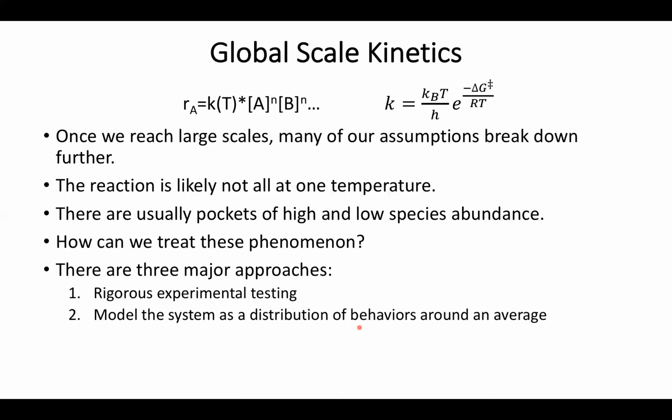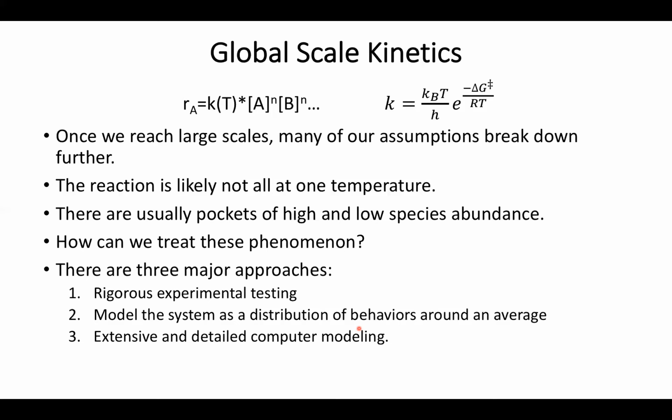Another option is going to be trying to figure out what the average behavior is by experimental measurements, and then try to come up with a model based on mass and heat transfer to figure out what the typical deviation from that average is. And then the last option, which is becoming increasingly popular, is to build an extensive computer model.